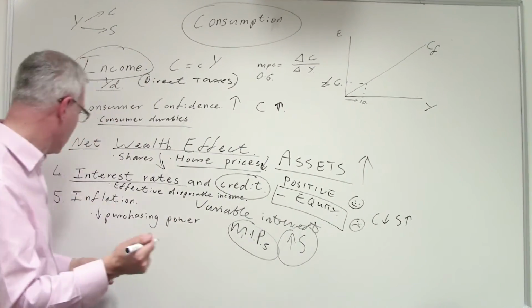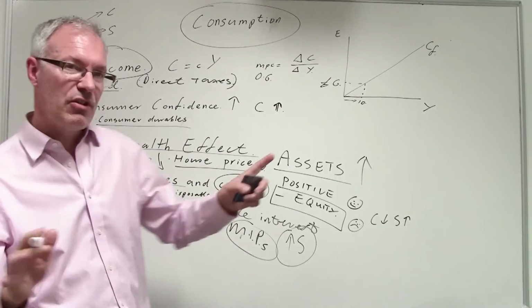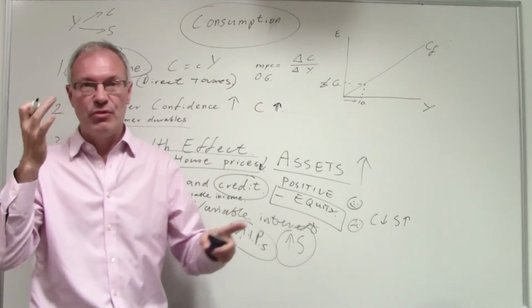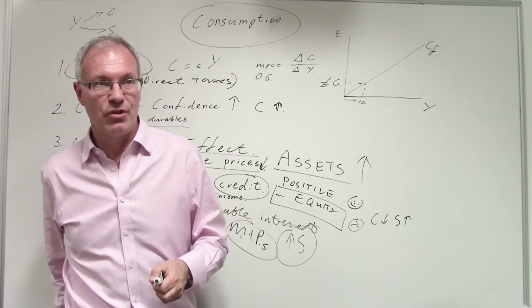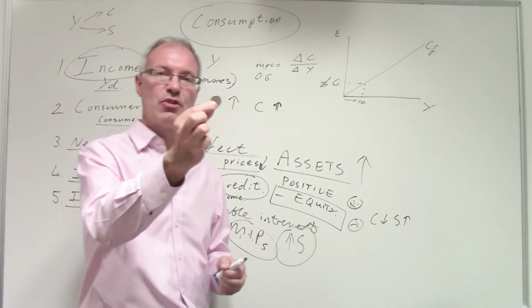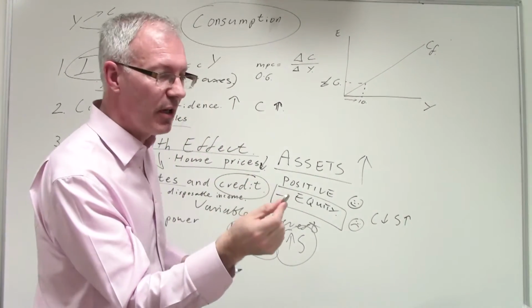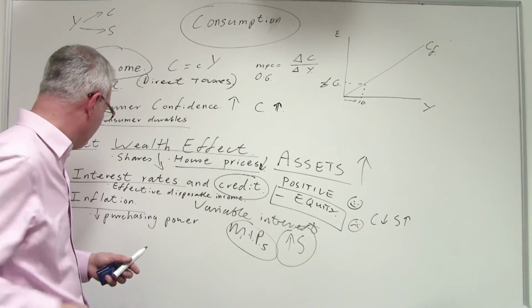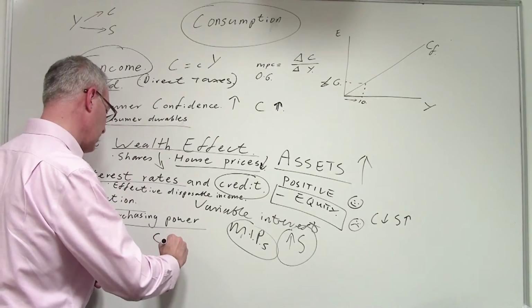And then finally, inflation is important, because if there's going to be inflation, it will reduce your purchasing power. In other words, it will reduce the value of money. This pound could buy much more 10 years ago than what it could buy now. So inflation reduces purchasing power, and therefore it will lead to falling consumption.